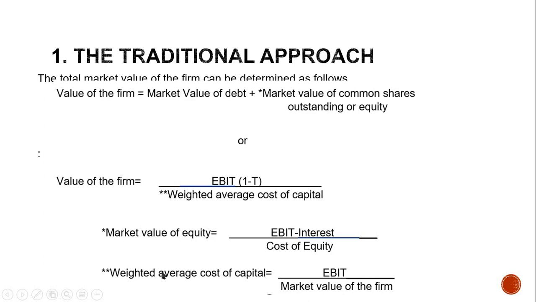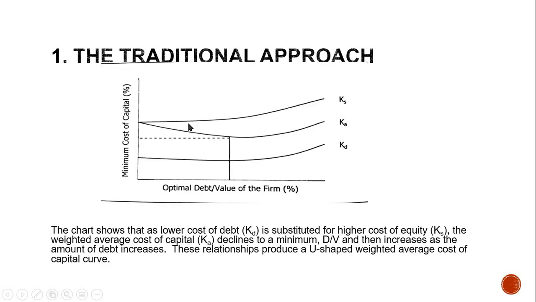So this one right here, the weighted average cost of capital, we will be needing this information if the way we computed the value of the firm is in this second solution. That's EBIT, earnings before interest and taxes times 1 minus T. So 1 minus T here is the tax. Okay, so basically you are just getting the earnings before interest and taxes net of tax. Ayan. Okay.